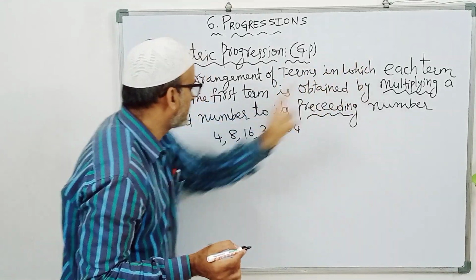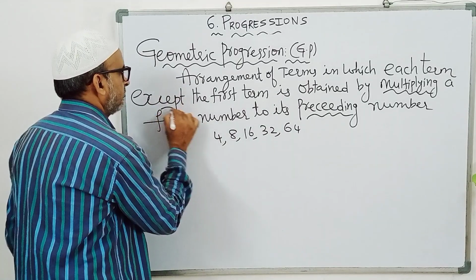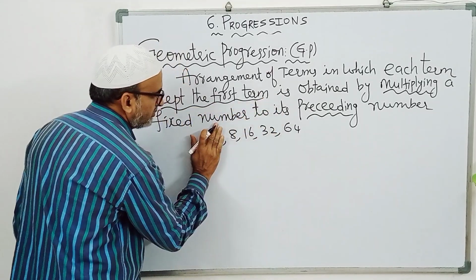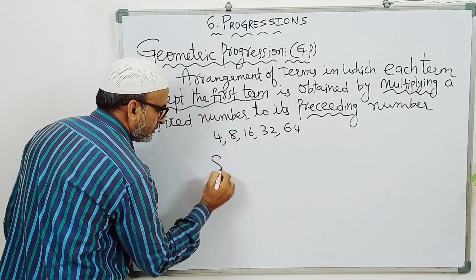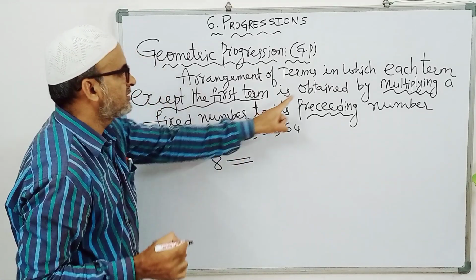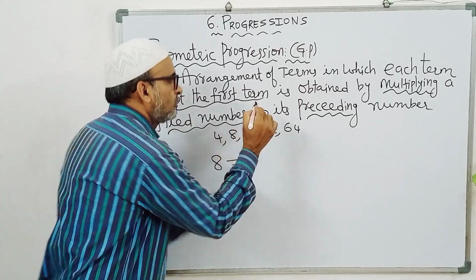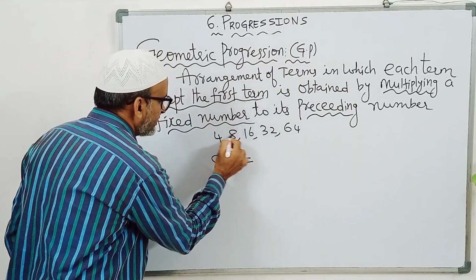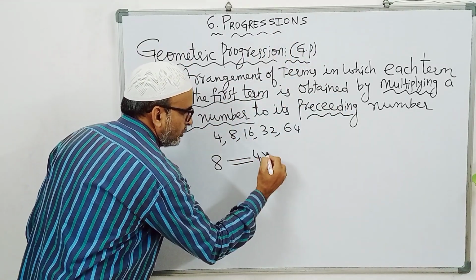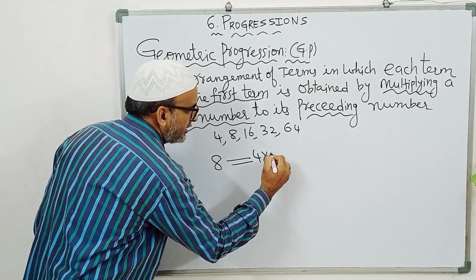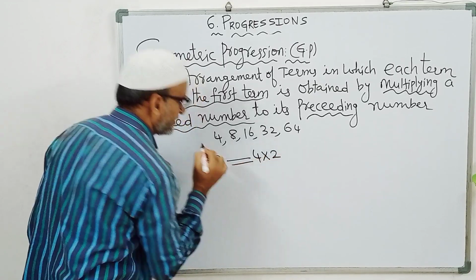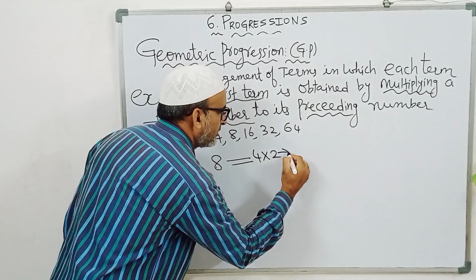In which each term except the first term. Leave this term. How you got this 8? Obtained by multiplying a fixed number to its preceding number. 8's preceding number is 4 into one fixed number, that is 2. 4 2s are 8. This is my fixed number.